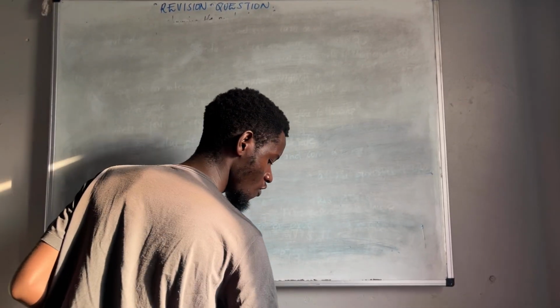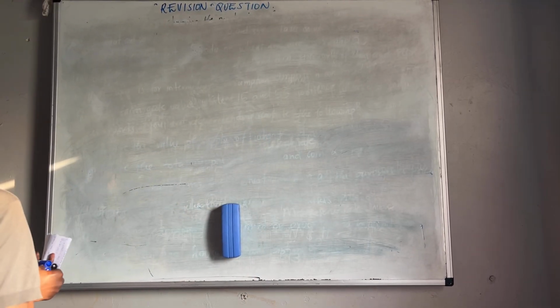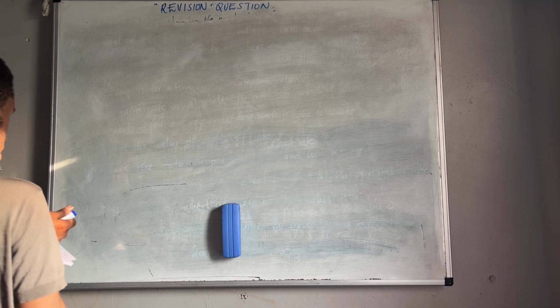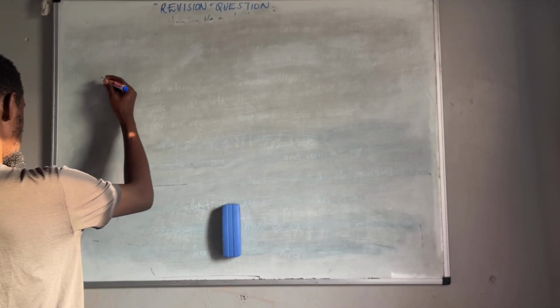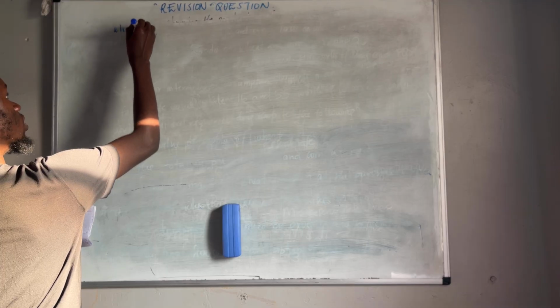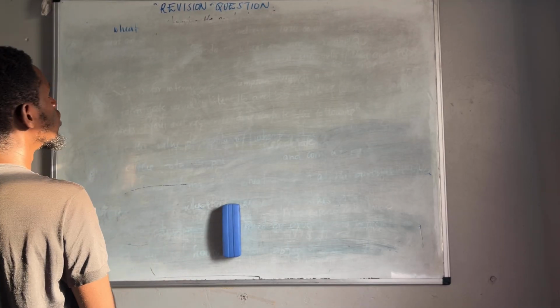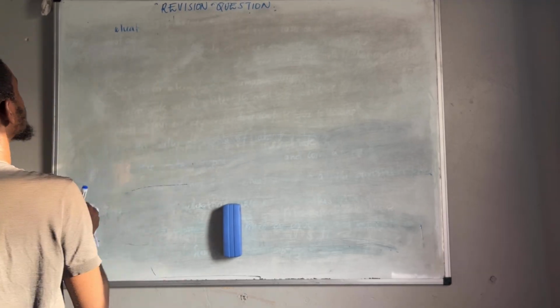Members, the summary of the question is going to be like this: we are producing wheat and corn.